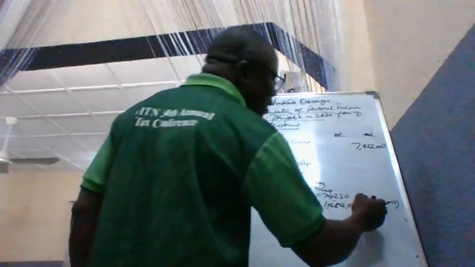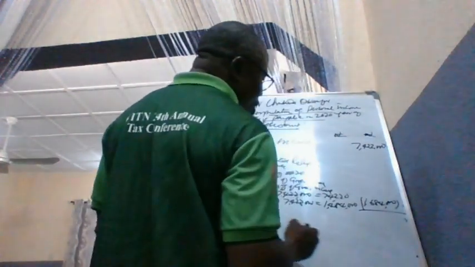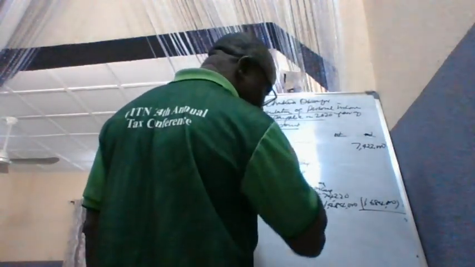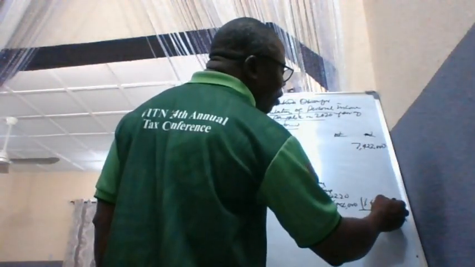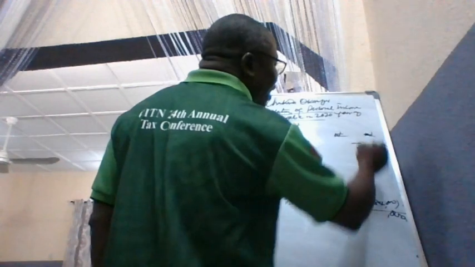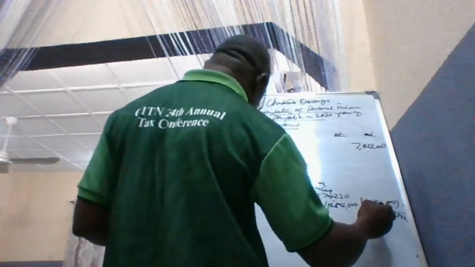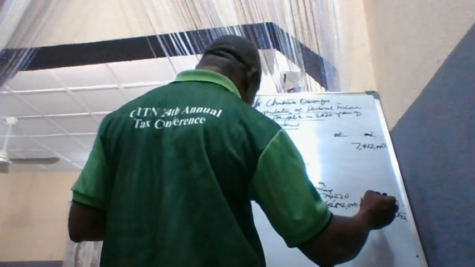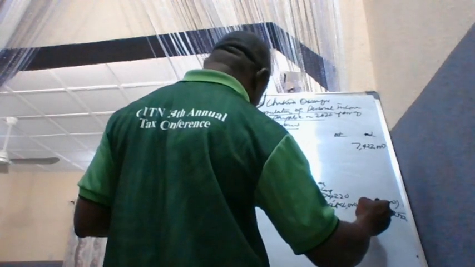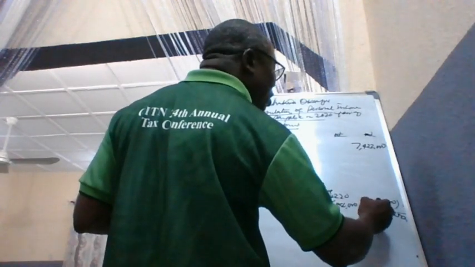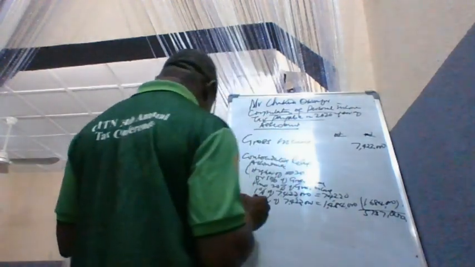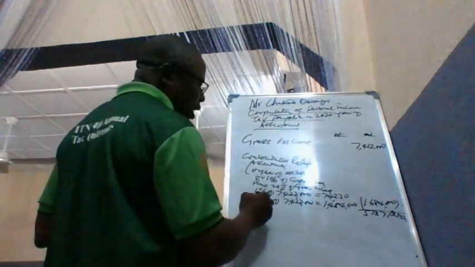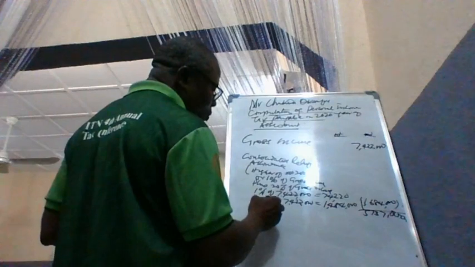So if you less this now from gross income, you are going to have your chargeable income. This will be 0 and 0, and this will be 8, and this will be 7,375. So this gives us our chargeable income.